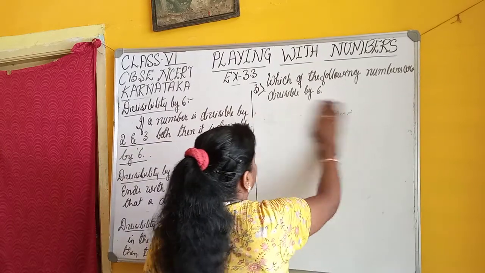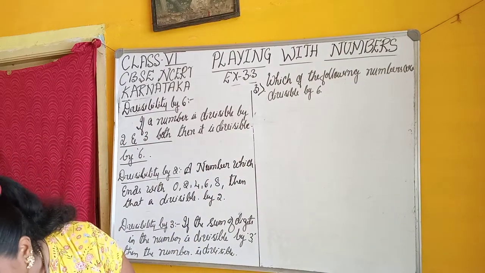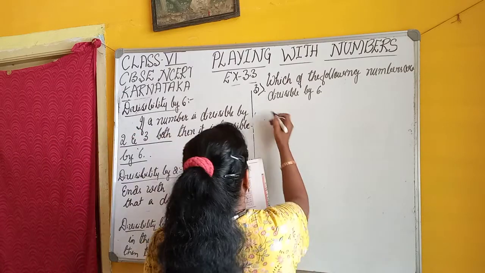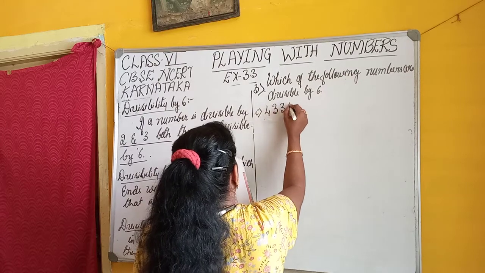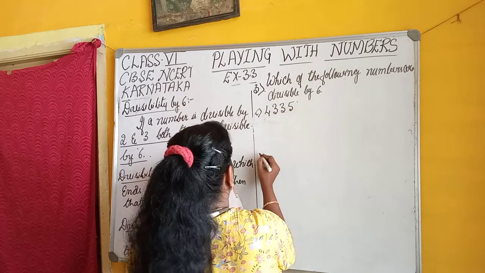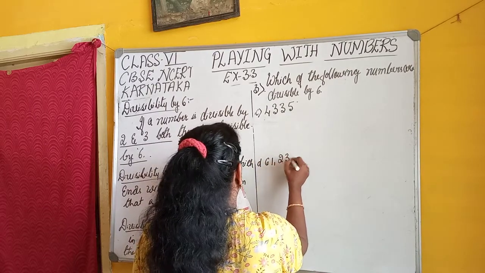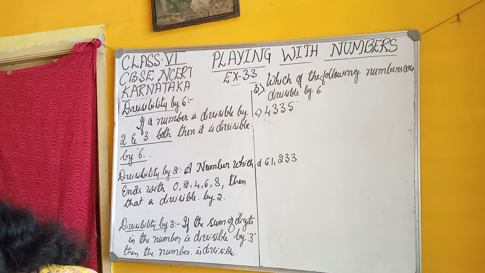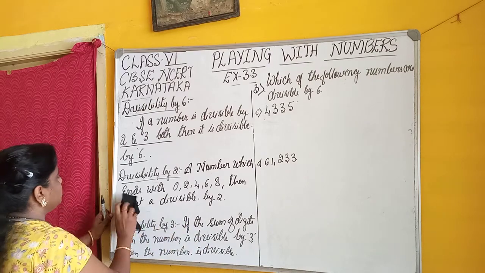Got the procedure? Yes. Next is 4,335, then 61,233, and then 1,352.